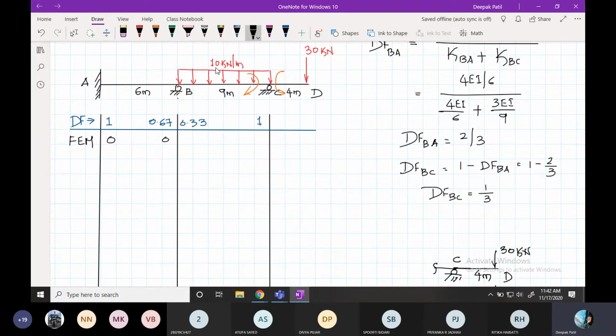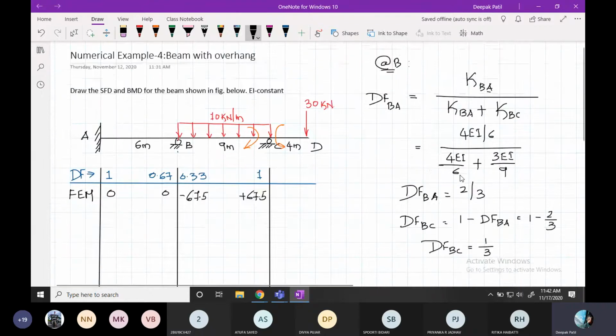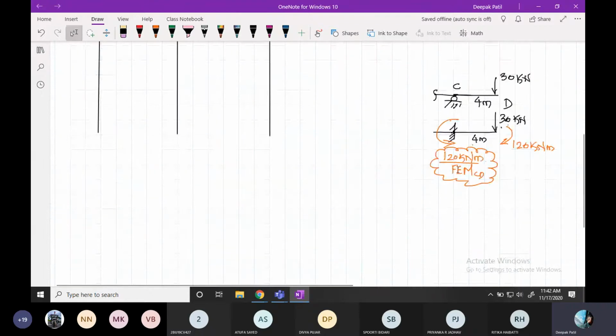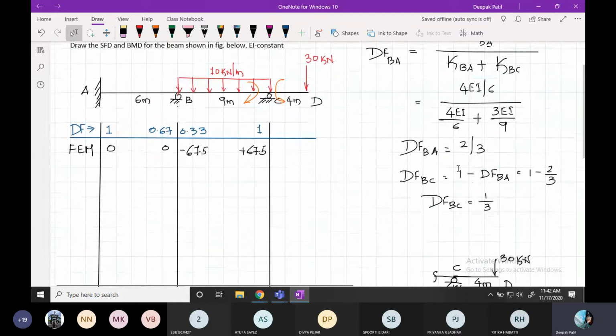So this side it is minus, that is 10 into 9 square by 12, which comes out to be minus 67.5. And this side it is plus 67.5. We have also found the fixed moment CD, which is 120, and it is in the anti-clockwise direction. So I should write it as.